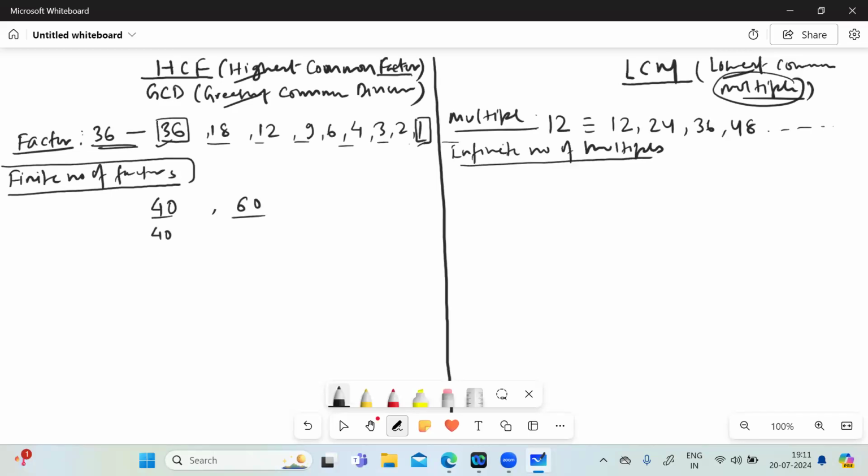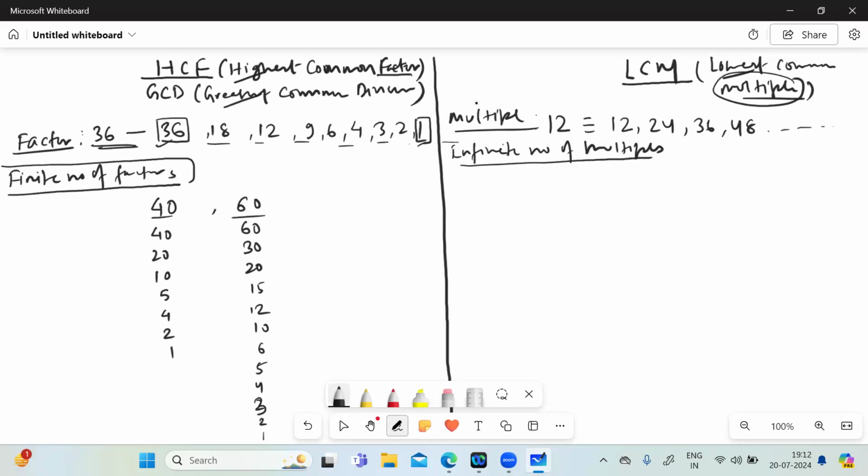For 40: 40, 20, 10, 5, 4, 2, 1. And in case of 60: 60, 30, 20, 15, 12, 10, 6, 5, 4, 3, 2, 1.